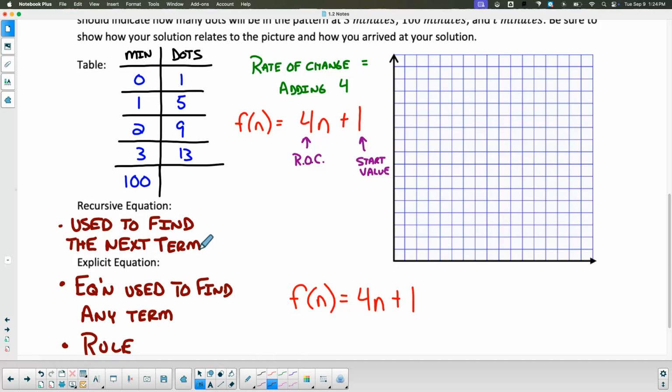In this particular case, it would be f of n plus 1, that's my next term, is equal to my current term plus 4.